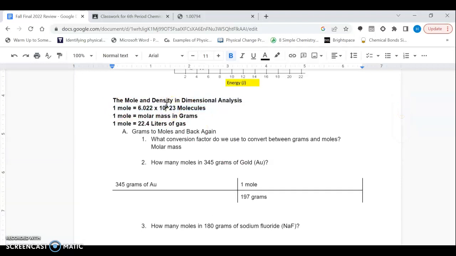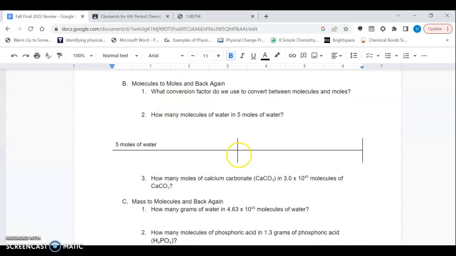I had to write the 23 power like this because I couldn't get the superscript to work. And so I put 1 mole here so that the mole unit cancels out. And I would put 6 times 10 to the 23rd molecules on top. Just like before, 5 times 6 times 10 to the 23rd is going to give us our answer divided by 1.